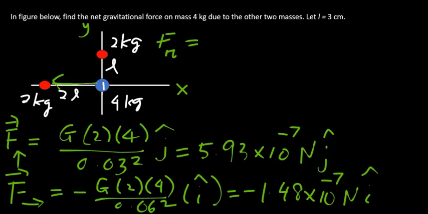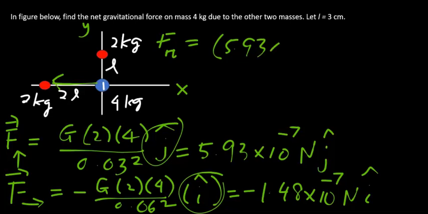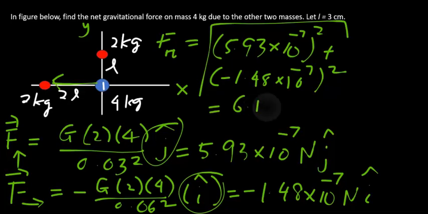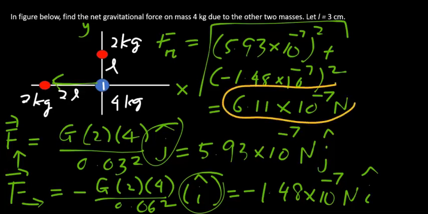By Pythagoras' theorem, because these two forces are 90 degrees with respect to each other, it is given by the square root of 5.93 times 10 to the power minus 7 squared plus minus 1.48 times 10 to the power minus 7 squared, which will give you 6.11 times 10 to the power minus 7 newtons. So this is the magnitude of the net force on this 4 kg object due to the other two masses.